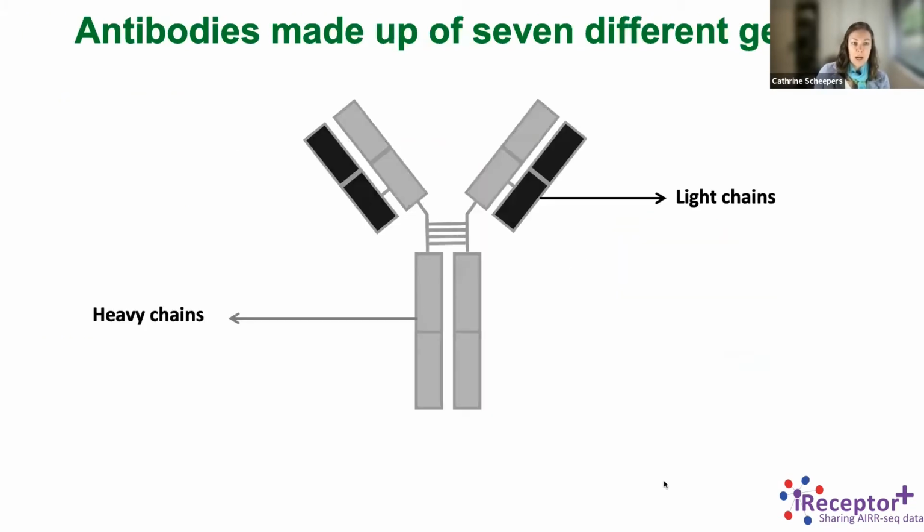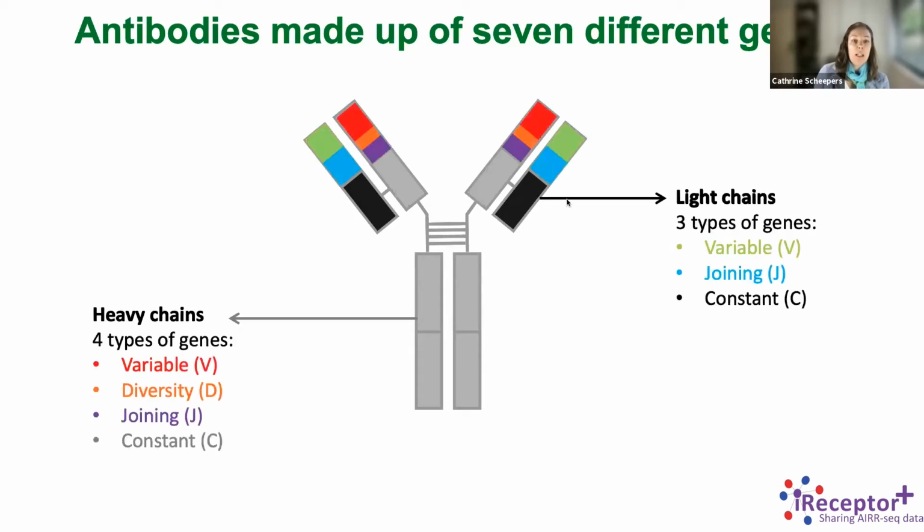Antibodies are made up of heavy chains shown in gray here and light chains shown in black. It takes 7 different types of antibody genes to make up a fully functional antibody. The heavy chain is made up of variable, diversity, joining and constant genes. The light chains have the same types of genes, with the exception of the diversity.